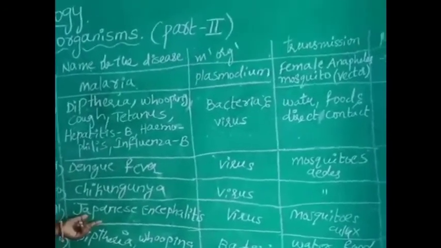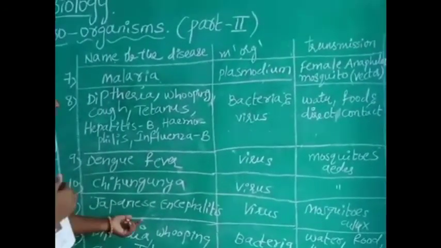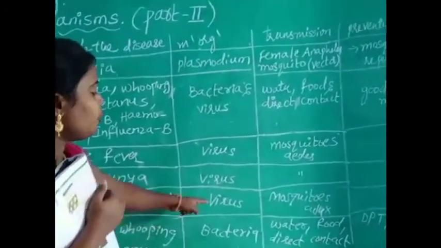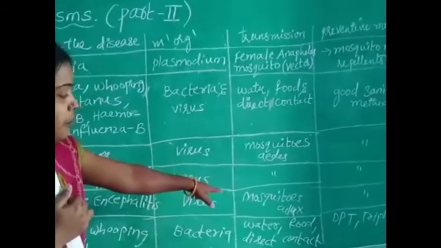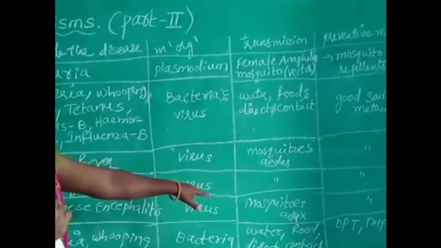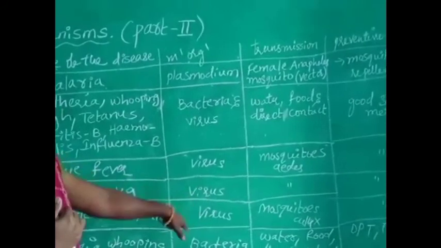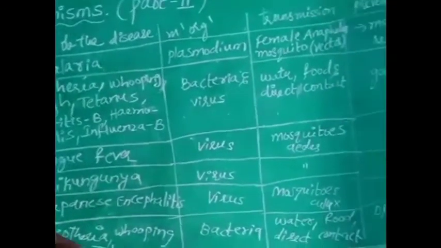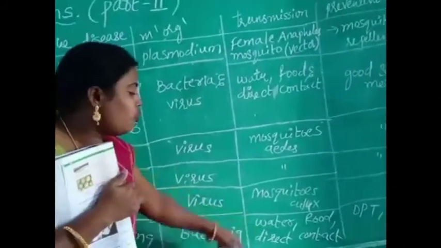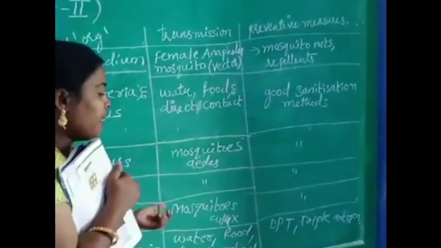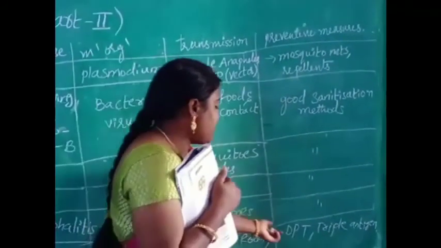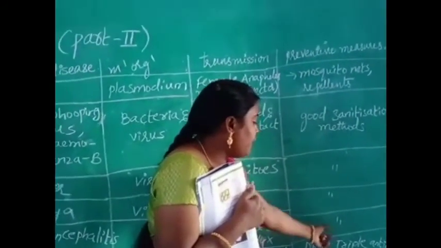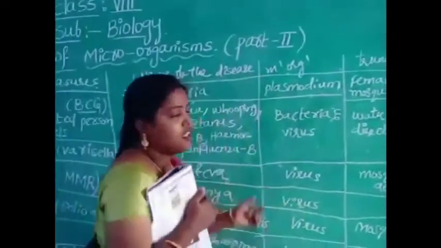Next, one more very important, Japanese encephalitis is a disease caused by a virus, transmitted by the Culex mosquito. Next, diphtheria, whooping cough and tetanus are caused by bacteria transmitted through water, food and direct contact. By taking medicines like DPT and triple antigen, we can control these diseases.